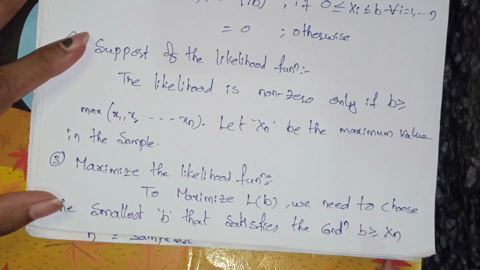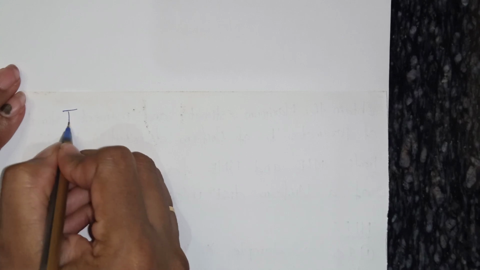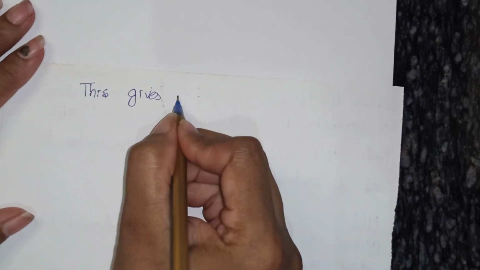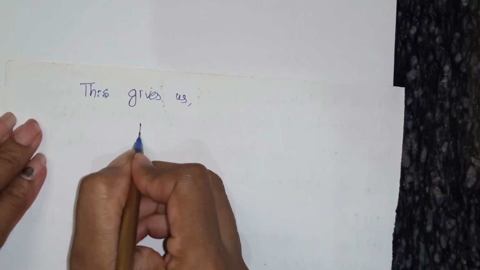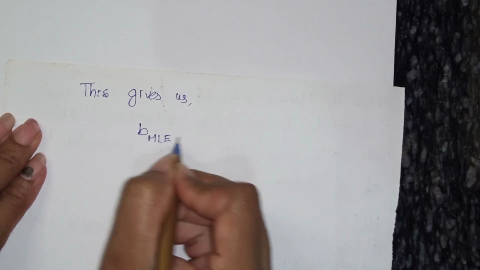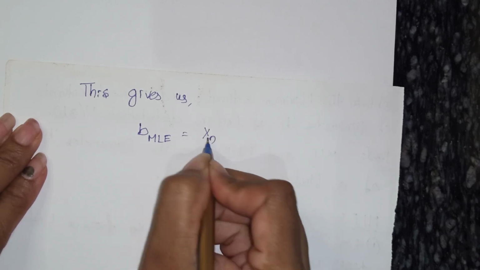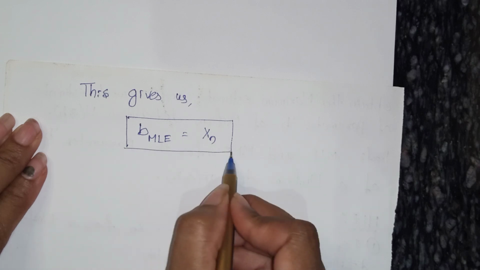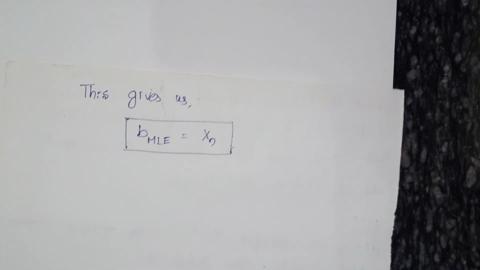And this gives us, finally, the estimate of b by using the maximum likelihood estimator, equal to xn. So like this we will get the maximum likelihood estimate. By using this method we get the b value.